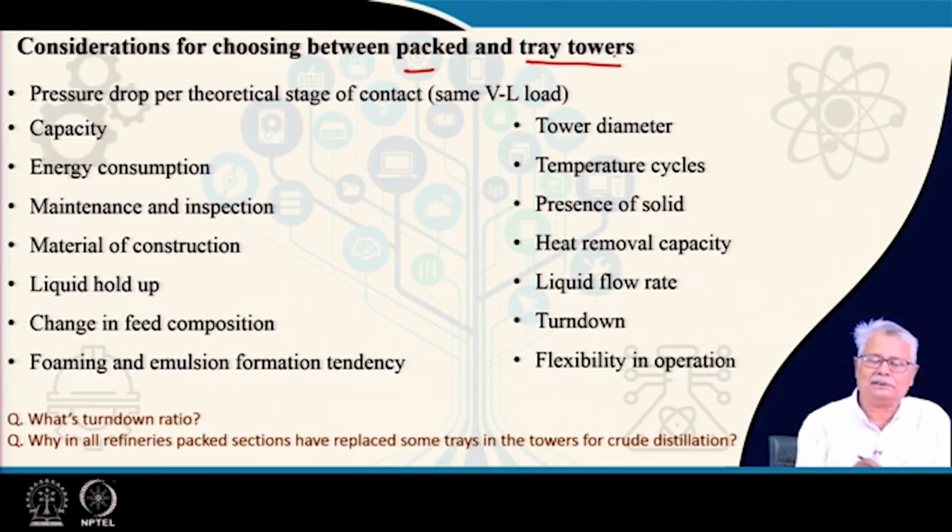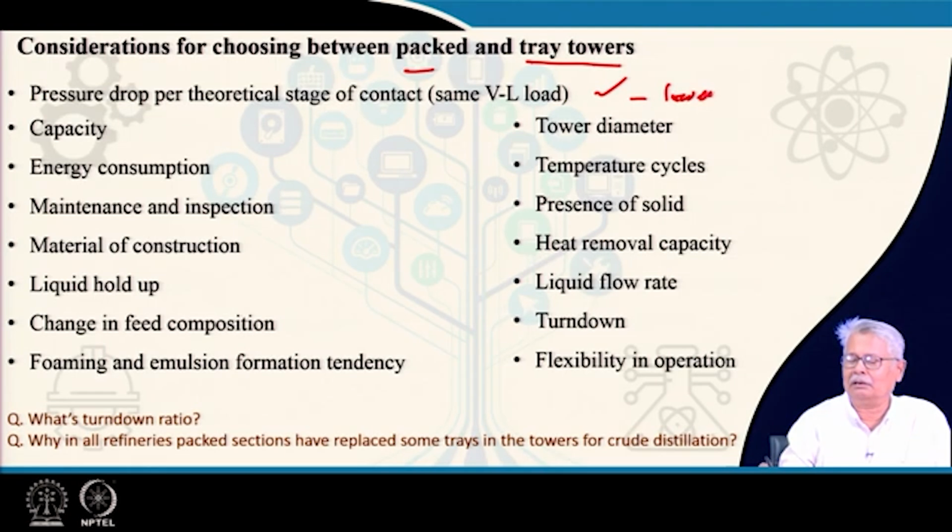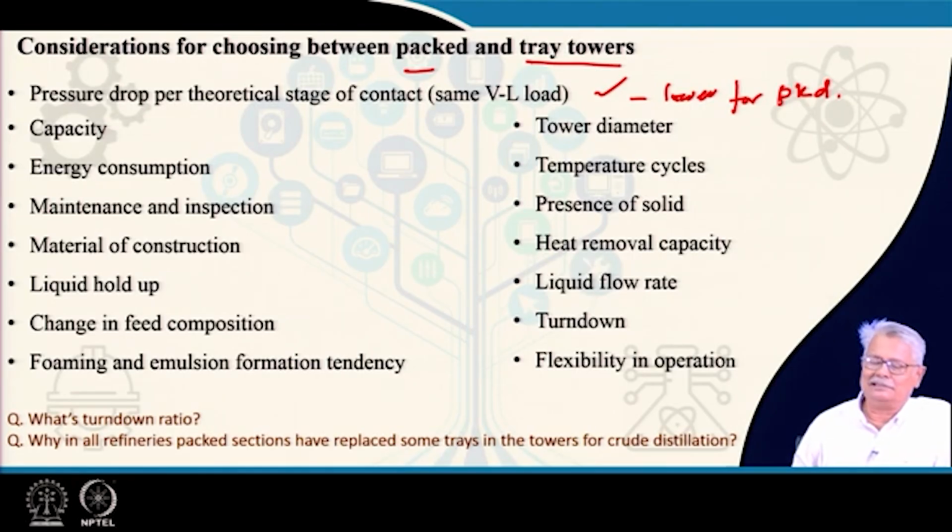If we look at the pressure drop per theoretical stage of contact for the same vapor liquid load, we normally find that the pressure drop per theoretical stage of contact is lower for packed compared to the tray towers. The packed towers offer a lower pressure drop per theoretical stage.